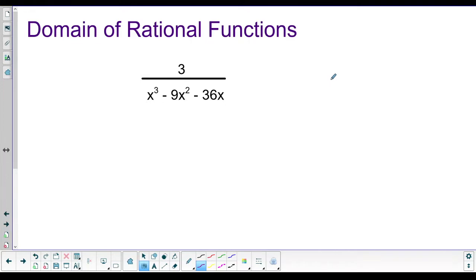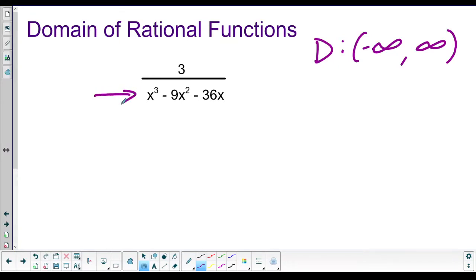If we have a rational function and we want to know the domain of this thing, polynomials have a domain of all real numbers, negative infinity to infinity. But because of this denominator right here, there are restricted values that our mom has said we're not allowed to use, we're not allowed to touch, we can't go over to their house, no, they can't spend the night. So we have to take those out of our domain.